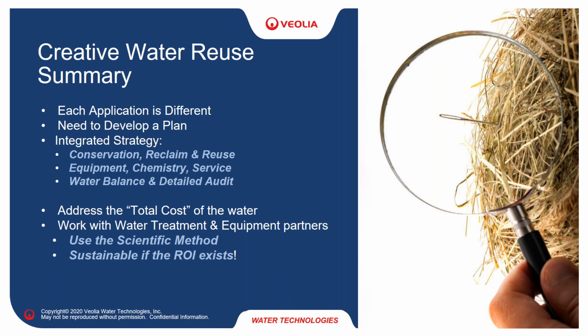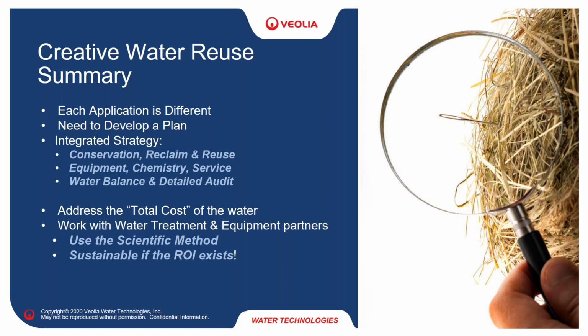And then also, having done that, make sure that what you do is understood and you can document it on your water balance and understand how it alters the detailed audit that got you to that point.